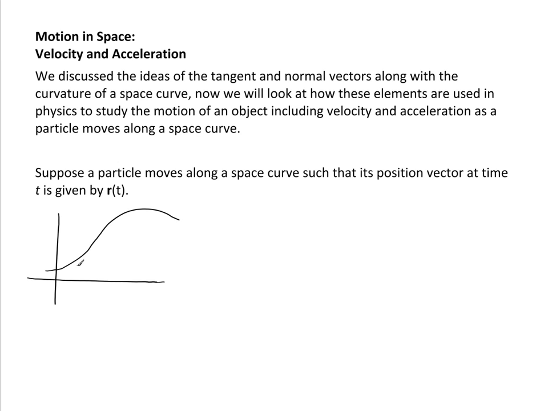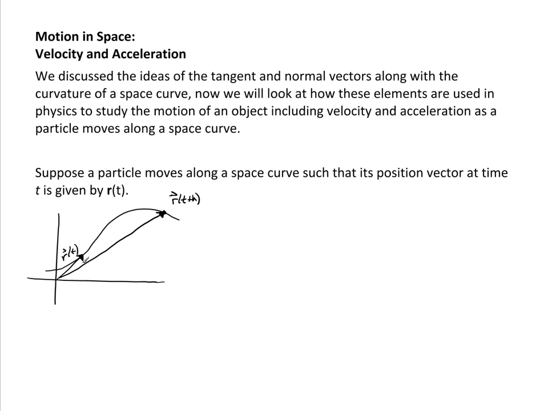And at time t, the particle is right here. So here's my position vector, r of t. Now, at time t plus h, this is where the particle is. So here's my position vector, r of t plus h.